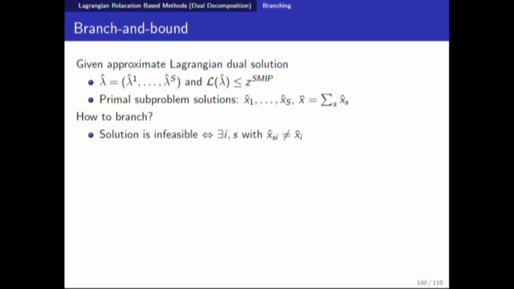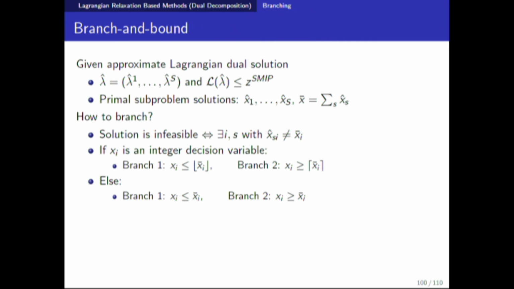Otherwise, they would all be equal to the average. So I have such an i. And then if the variable xi is supposed to be an integer variable, I branch on the one hand saying xi should be less than or equal to the round down of its average, or it should be greater than or equal to the round up of the average.